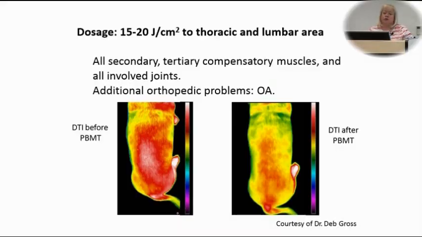And so she was showing that this is digital thermal imaging that you're looking at here. And with the digital thermal imaging, you can see that the areas that are red are the areas that are hot. So these were muscles that were particularly painful.